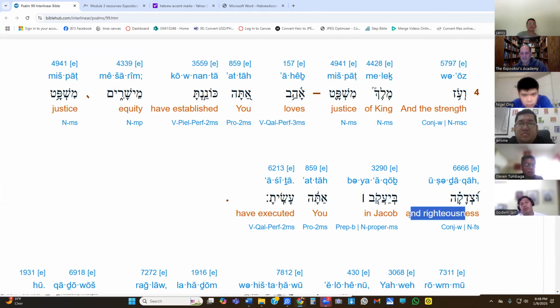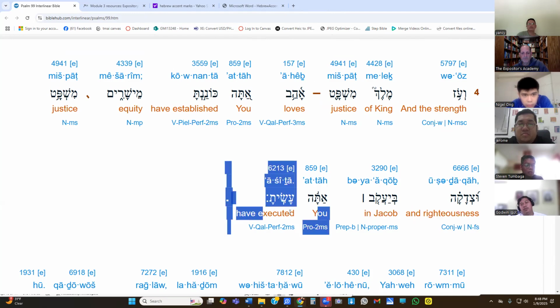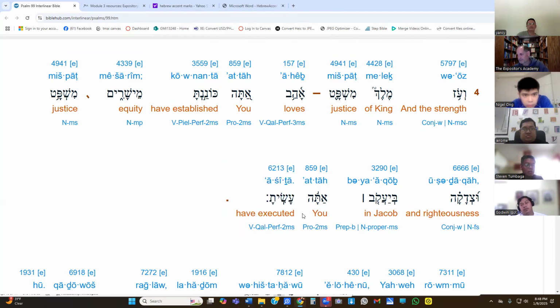Justice and righteousness in Jacob you have executed. What does that look like, fellas? What did he do in the second and third line here? Right? You have established equity. That follows the English translation. But then he has justice as the first word in the next line. Justice and righteousness in Jacob you have executed. He reversed the word order.